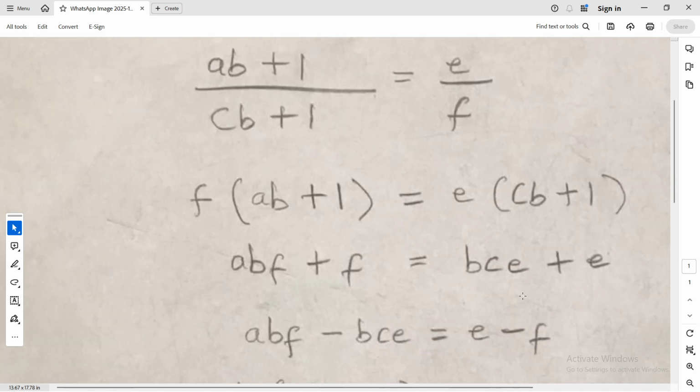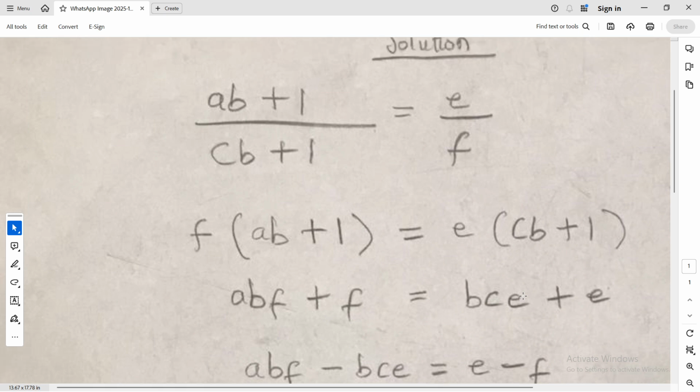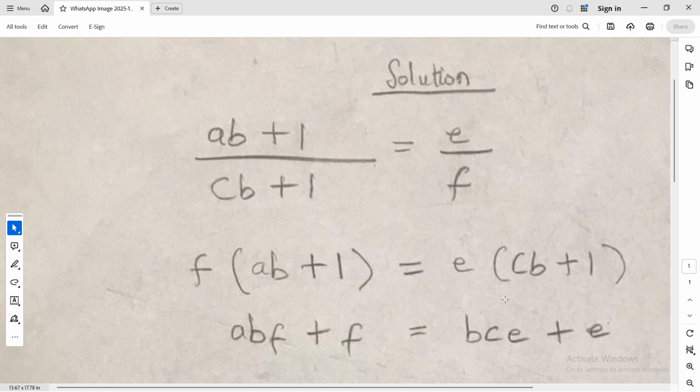And we were tasked to make B the subject of the relation, right? So when you check our equation, which is ABF plus F equals BCE plus E, we could realize that the variable B can be found in two sets of variables, which is ABF and BCE.